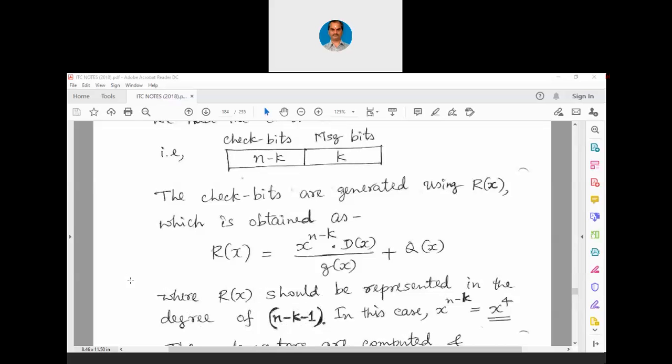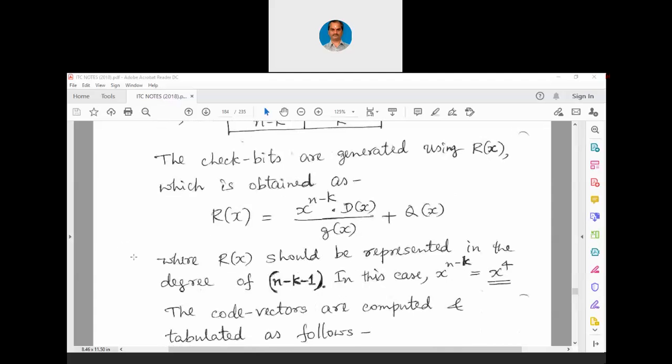If it is a 7,3 code, then the remainder polynomial will have 4 terms there. So it must be 1 plus x square plus x cube. So degree is n minus k minus 1. Total number of terms will be 4 there. They have to be represented in terms of 4 only, even though we do not get all the 4 terms there. I will tell you about it later on when I show you the table.